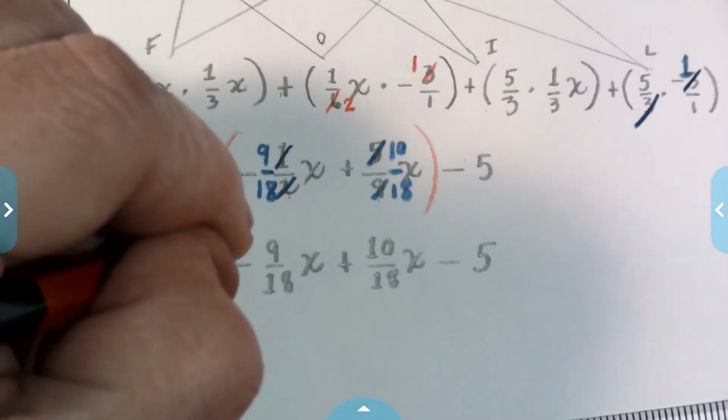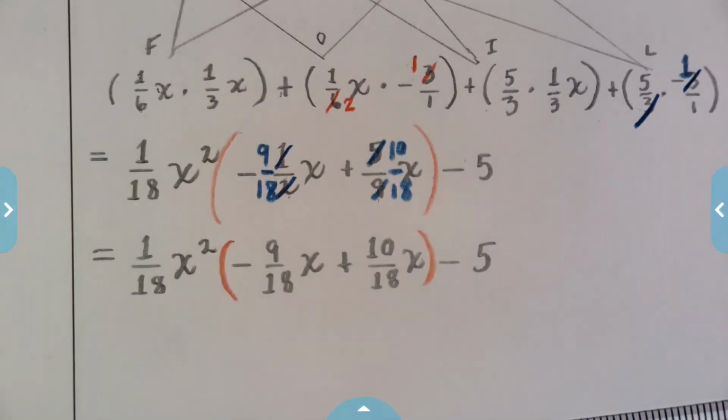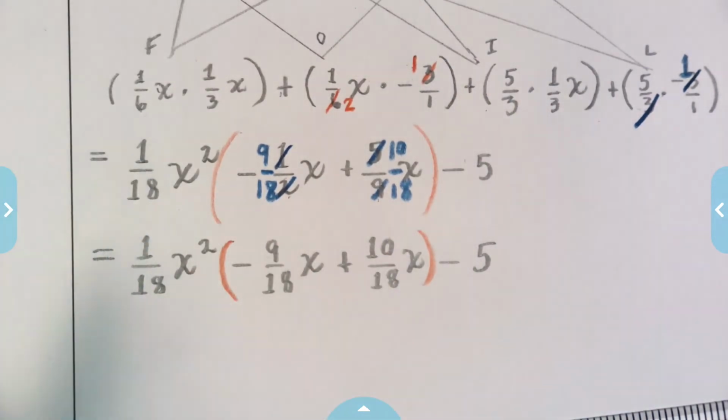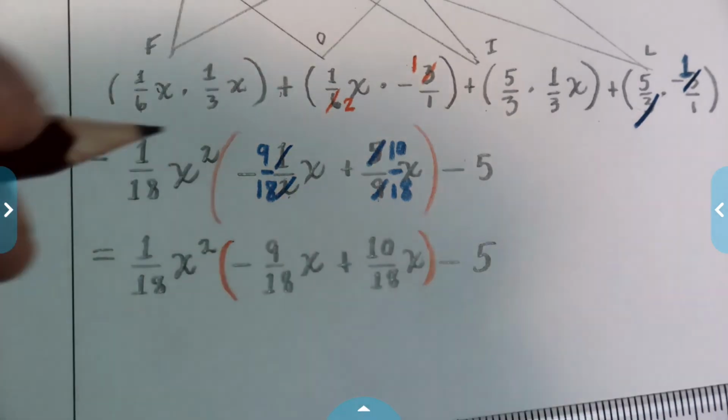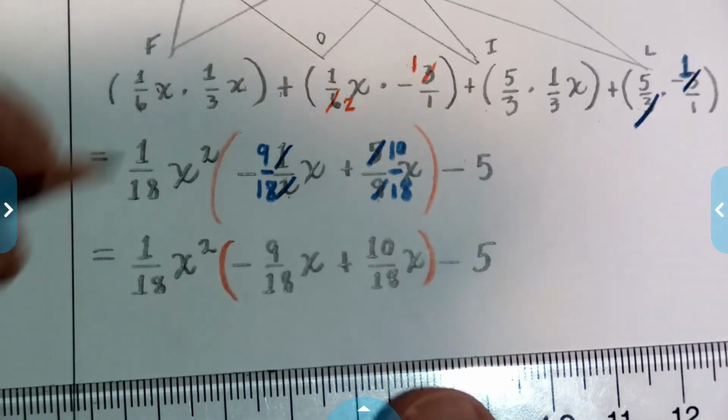And now it's pretty clear what to do when you want to combine these. So now you have negative 9 plus 10, so it's going to be 1, right? So it's going to end up being 1 over 18x.